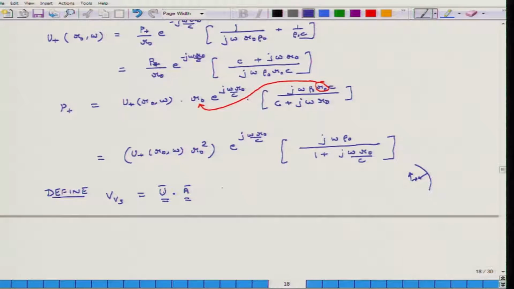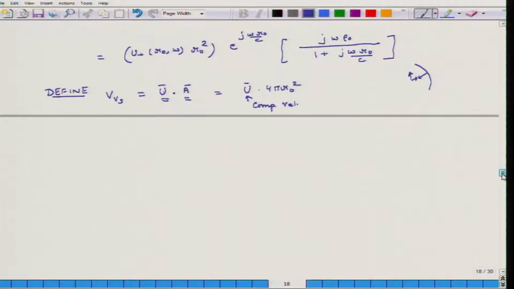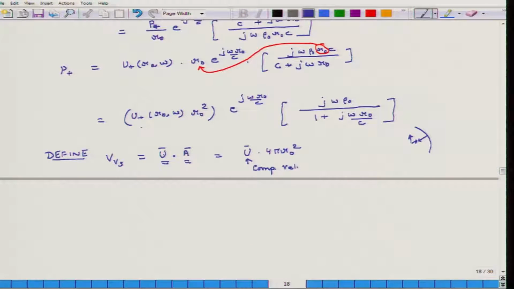So, in that case it will be u times 4 pi r naught square, right, and this is the complex velocity. So, what does this show?